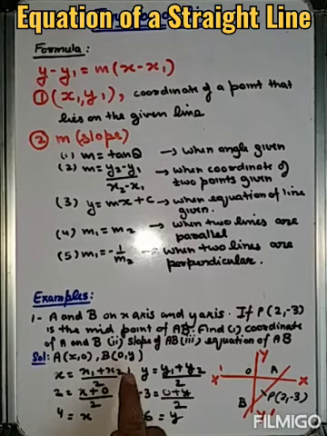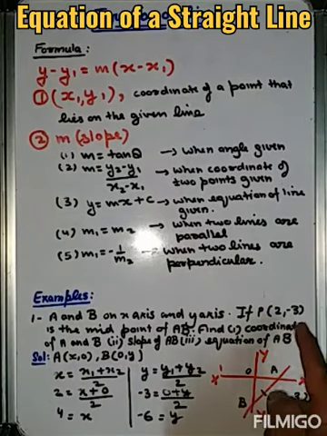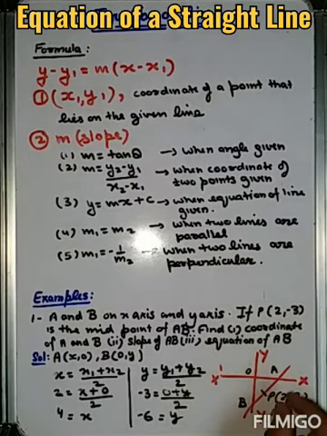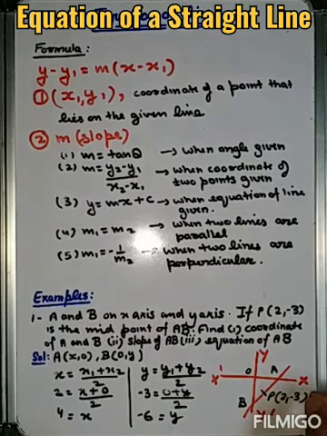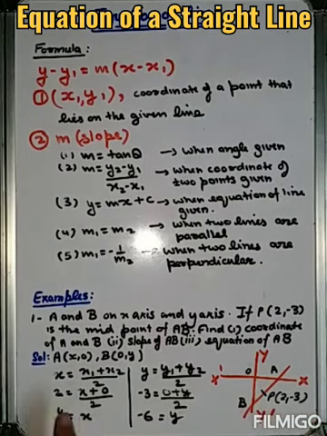So what is given? The only thing given is that this point is the midpoint of these 2 points. So only midpoint is given. So we don't have any other option than to apply the midpoint formula.